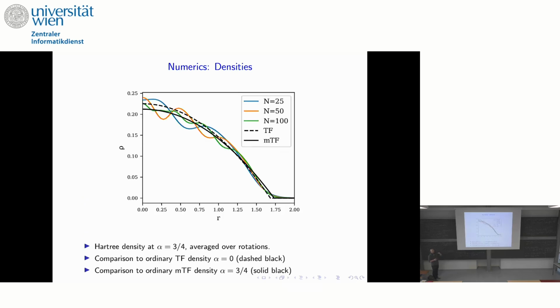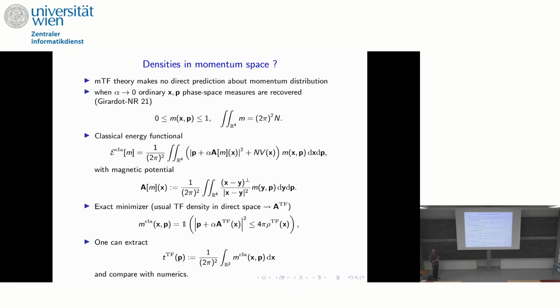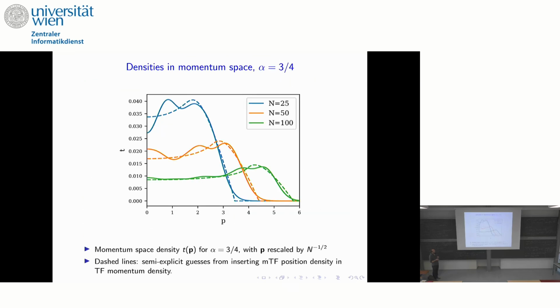This is hard to see, but if you do numerics, if you do things in momentum space, so this is momentum space distribution, there is a fit to some guess that you can take from Thomas-Fermi theory, which works rather well, and which is markedly different from Thomas-Fermi theory for usual fermions.